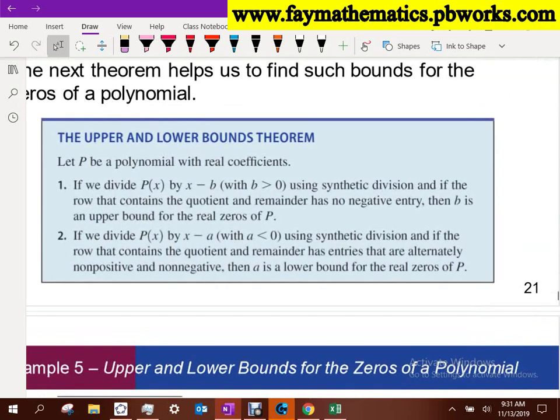The first part says if we take our polynomial and divide it by x minus b, meaning the zero we're looking for would be positive, where b is greater than 0, so the number you put in your box for synthetic division is a positive number.